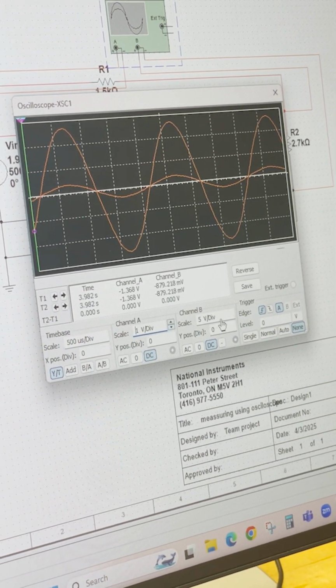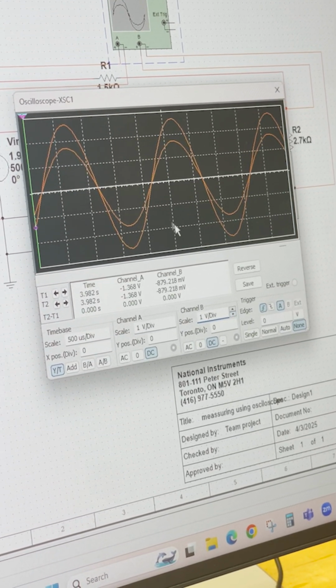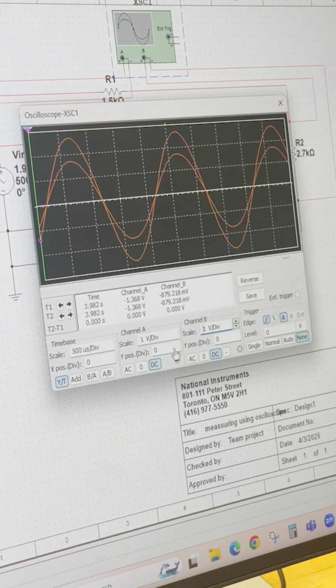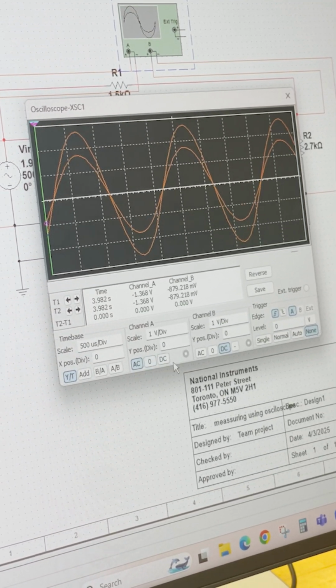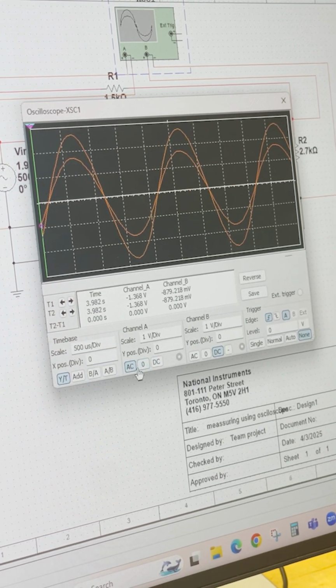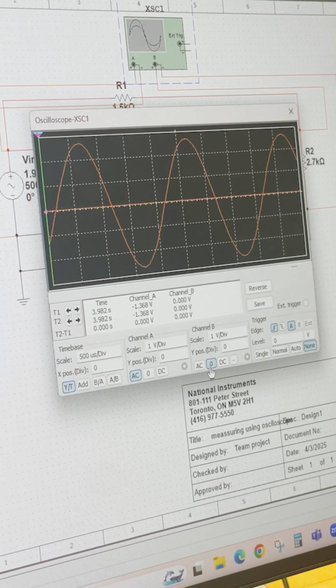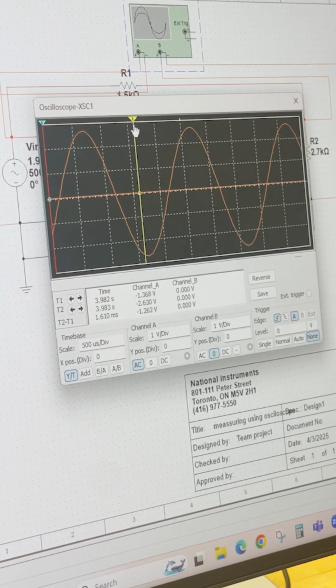And per division, hopefully I'm going to change them to 1, so I'll have a better display. And first I am going to put it on AC, channel A, which is voltage N, and I'm going to calculate peak to peak.